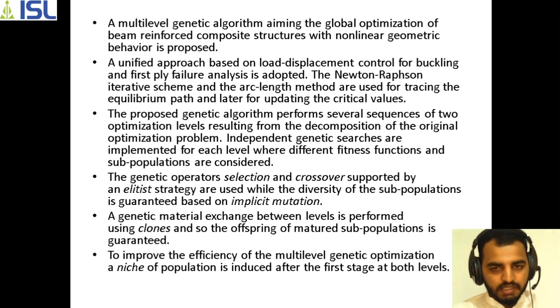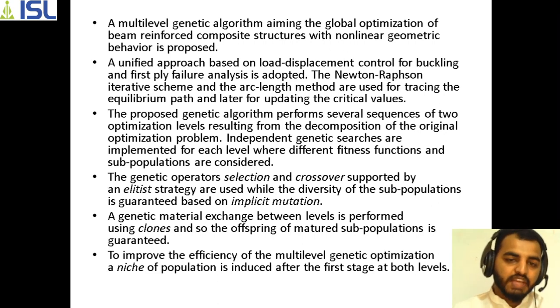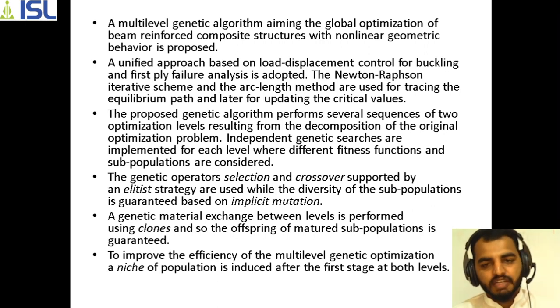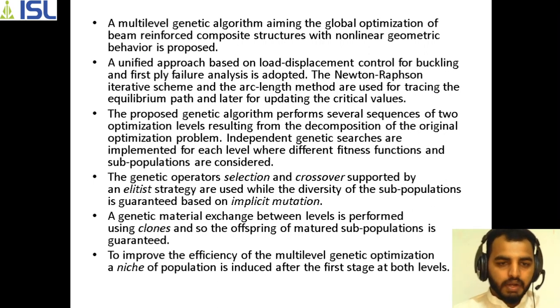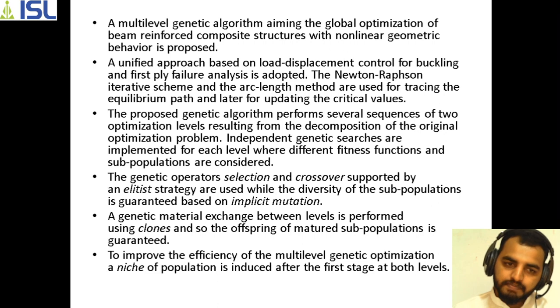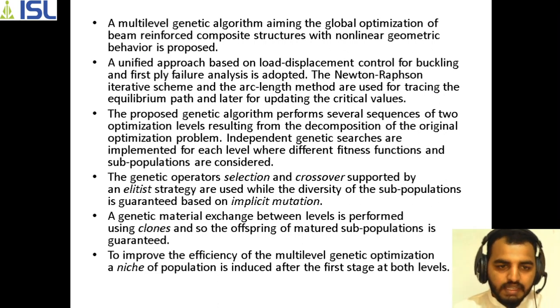Independent genetic searches are implemented for each level, where genetic fitness functions and subpopulations are considered. The genetic operators, selection and crossover, are supported by the elitist strategy, while the diversity of the subpopulation is guaranteed based on implicit mutation.